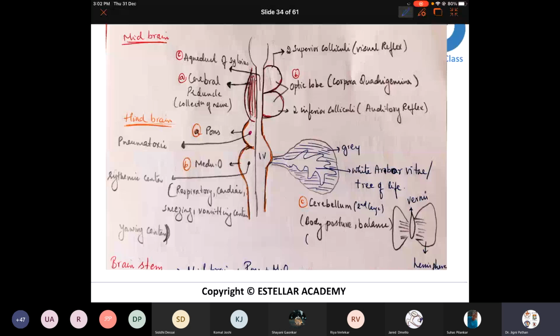Then comes the hindbrain. Draw the hindbrain, then I'll explain how it goes. This much is midbrain and the other part is hindbrain. You draw both things. Then I'll explain the next part.